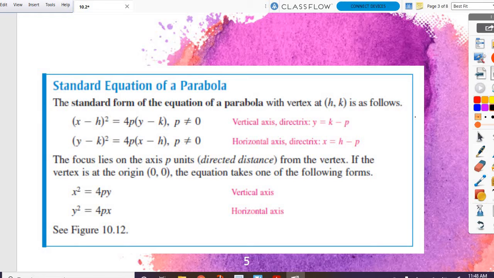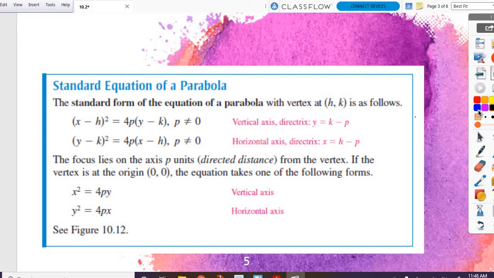So if your x is what's being squared, remember that that's when we have a vertical, or up and down, parabola. When our y is what's being squared, that's when we have a horizontal, or left and right, parabola.